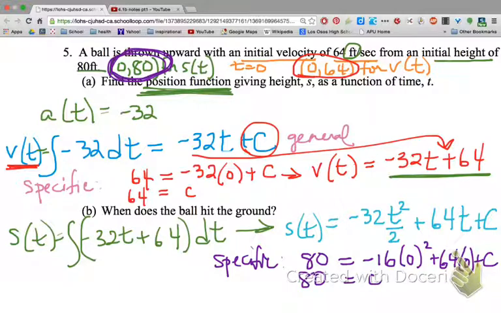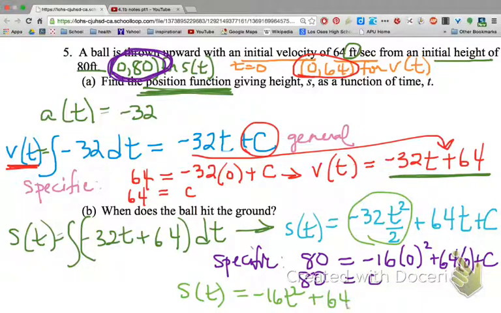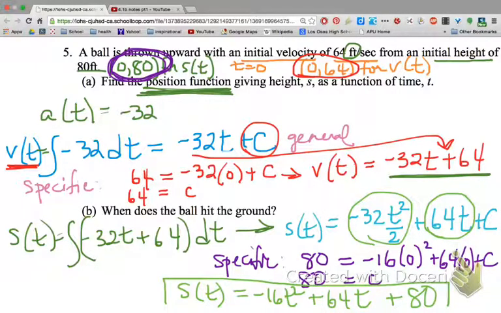Well, that makes sense, since my initial position was 80 feet. So now my position function is negative 16t squared, that comes from this, plus 64t, that comes from this, plus 80. And there's my answer for part A.